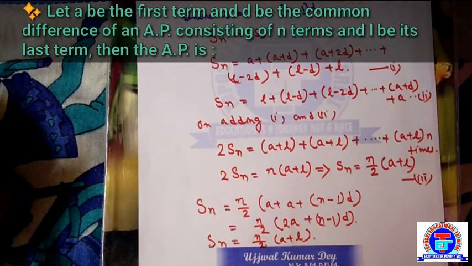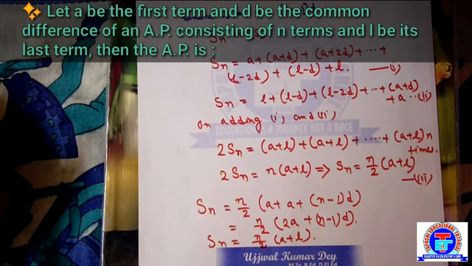If we know any 3 of them, we can find the fourth quantity. In an AP, an is equal to Sn minus S(n minus 1).